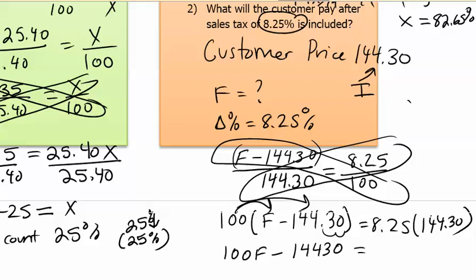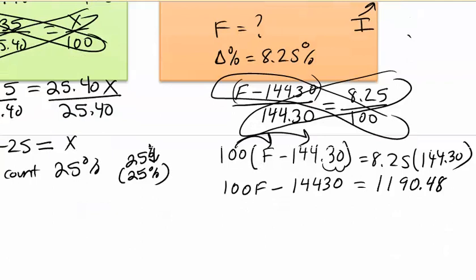Okay, so I got 1,190.48. Now in order to solve for f, I have to get rid of 14430 by adding it to both sides.